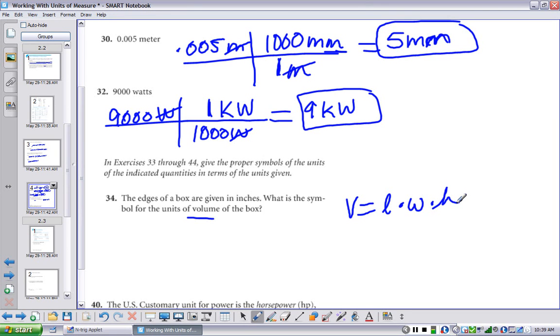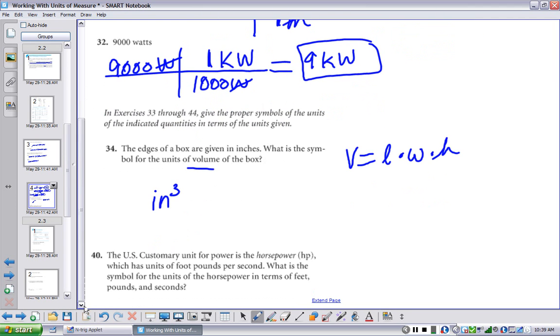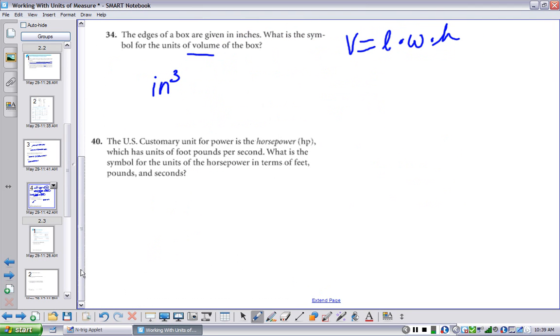So you are multiplying 3 inches together. So volume is going to be inches cubed. You're going to have inch times inch times inch. Some people say cubic inches, okay? But you need a third power there.